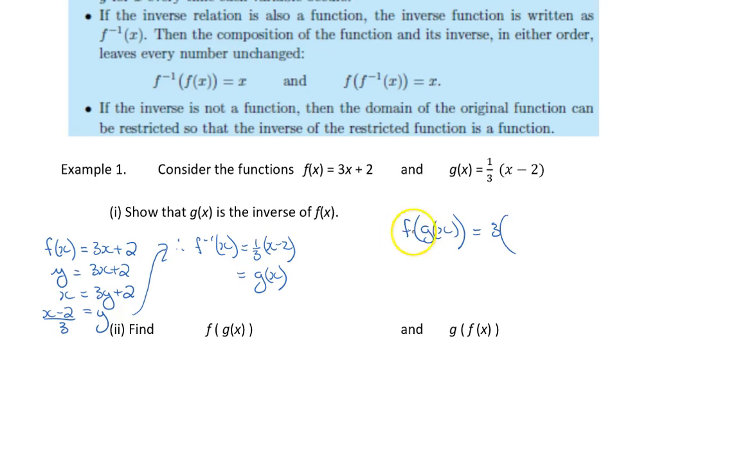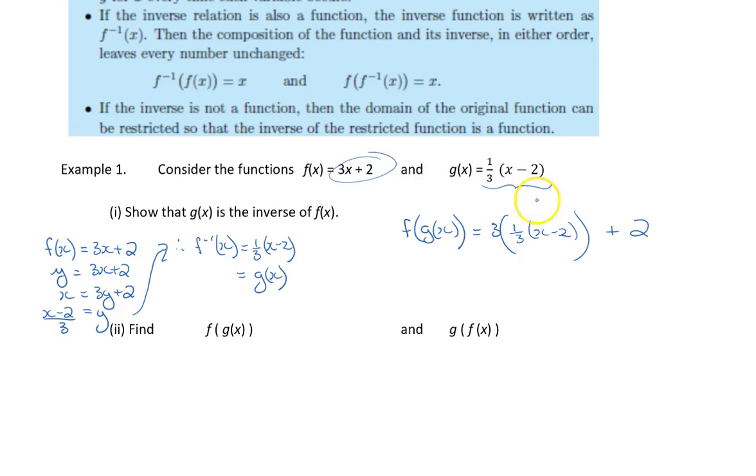The other, we're going to take f of g of x. The f function is 3 times normally the x, but I'm going to put g of x in the spot for x. So in this spot for x, I'm going to put all of this, 1/3 x minus 2. And what do we do for the rest of our function? We add 2.